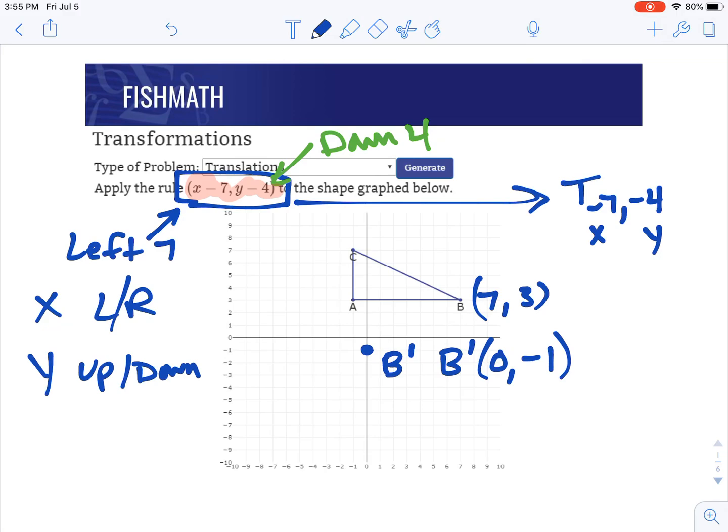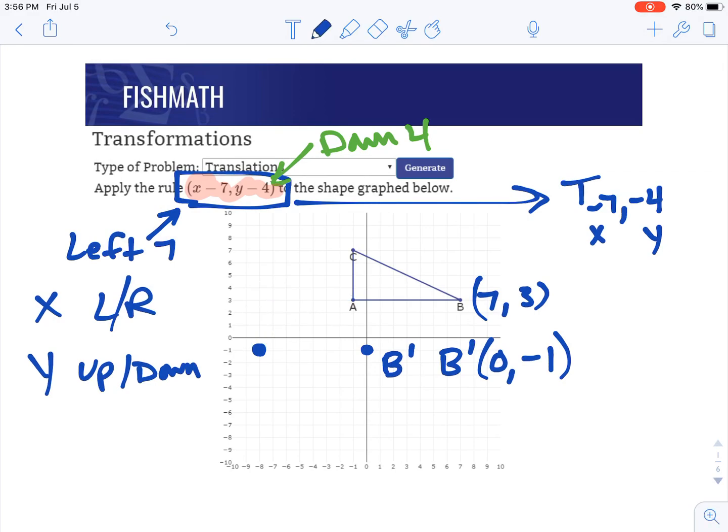Or I could just take the coordinates and then just move it left 7, down 4. Let's try that for A. So A right now is at negative 1. I'm going to move that left 7 would be over here at this new x position, and then down 4 would go down 4 down here. So the new coordinates are going to be at this location right there, which if I erase those, you'll see it.